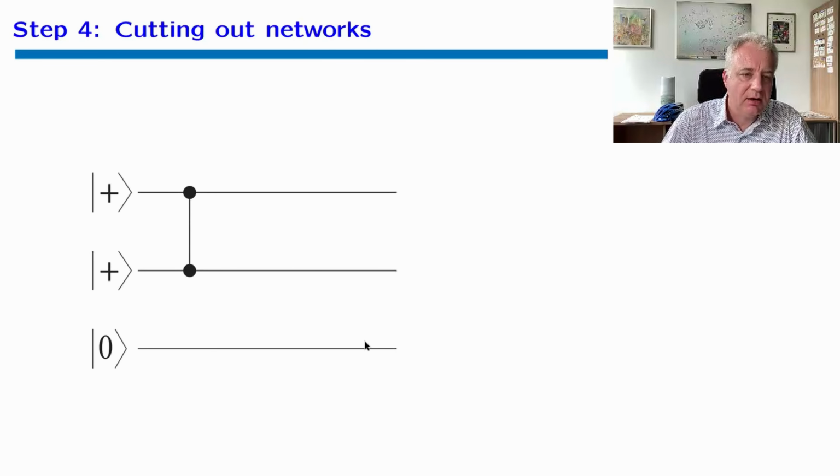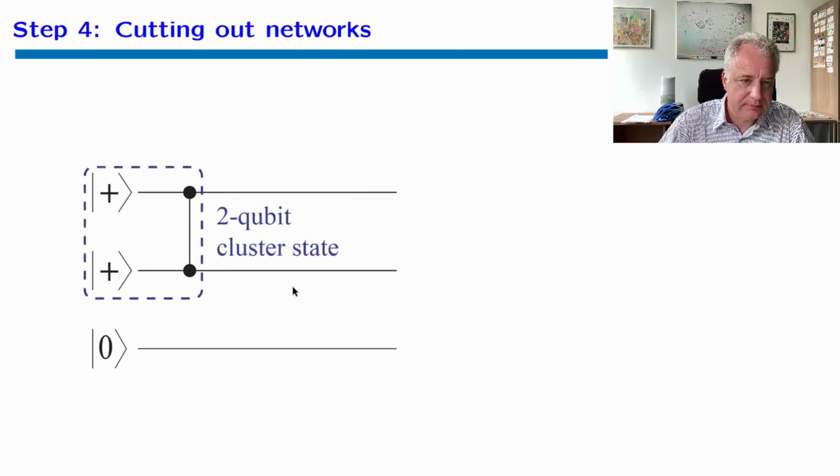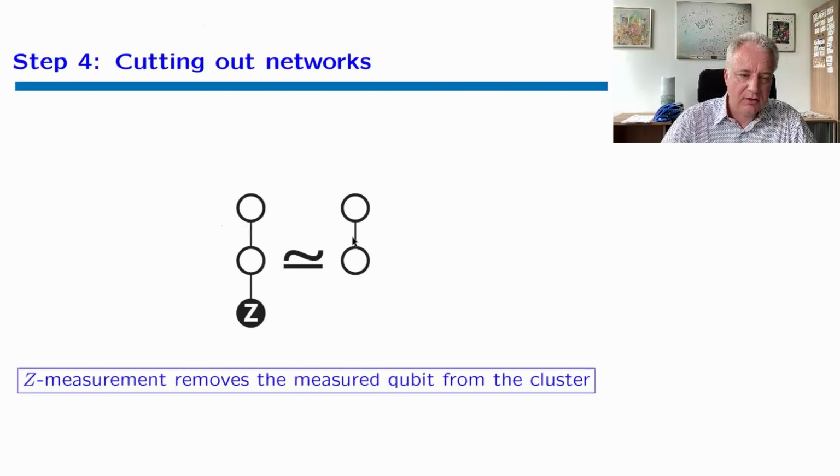Okay, so we have disentangled this qubit down here from the remainder. And so that's now the 2-qubit cluster state. So we have just shown this equivalence in this very simple instance. The upshot is the Z measurement removes the measured qubit from the cluster.